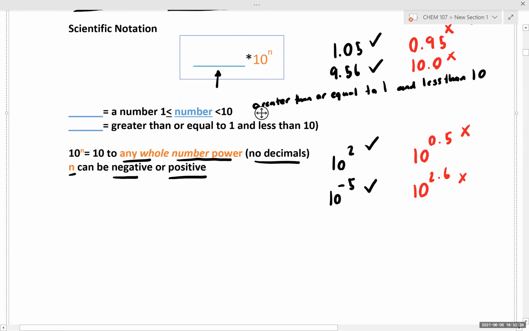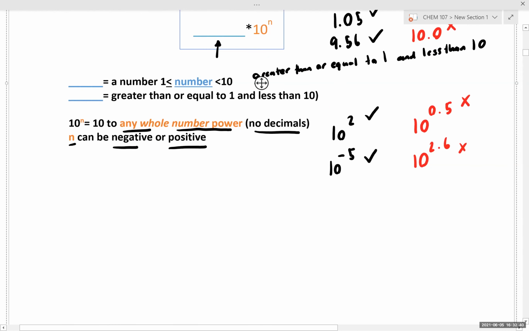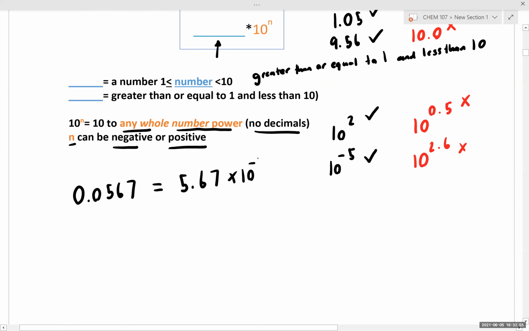So here are some examples of numbers that are correctly written in scientific notation. If we wrote 0.0567 in scientific notation, it would be correctly written as 5.67 times 10 to the negative second. As you notice, this number is greater than or equal to 1 and less than 10, and our exponent, which is our power of 10, is a whole number.